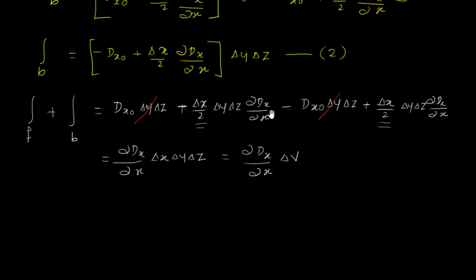So by mathematically computing D dot dS over front and back, I can easily write the value of D dot dS over the other surfaces also. Let me write that.